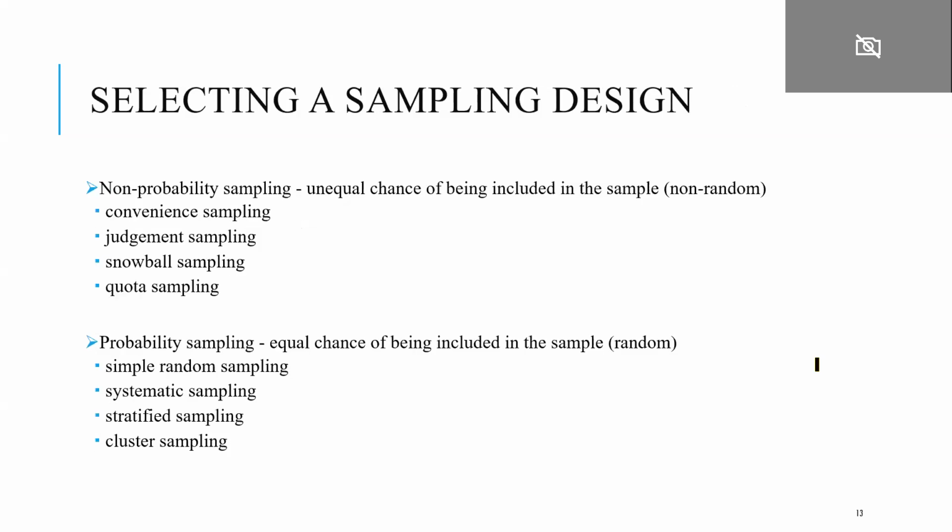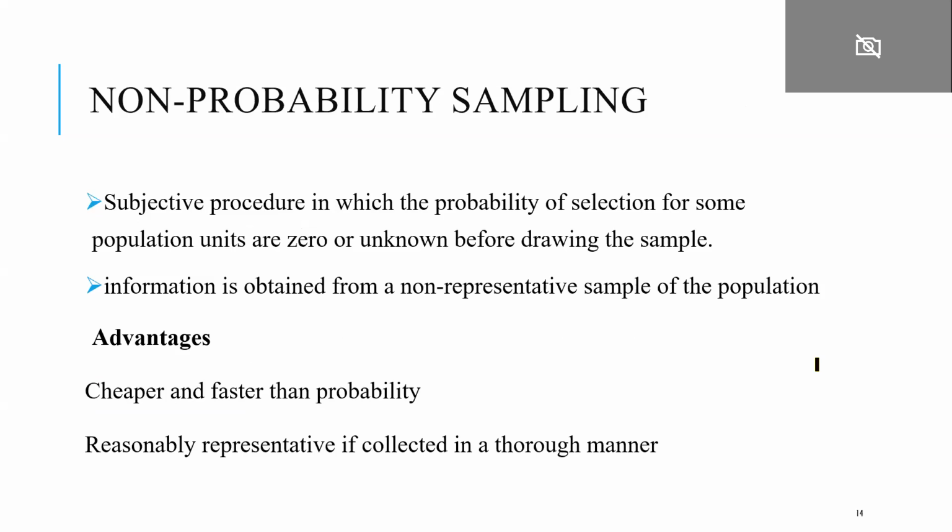Now, the question is, what do you understand by sampling design? There are two types of sampling design, non-probability sampling design and probability sampling design. What is non-probability sampling design? It is not based on probability. It is totally based on the researcher's objective, or you can say it's totally as per the researcher's view.